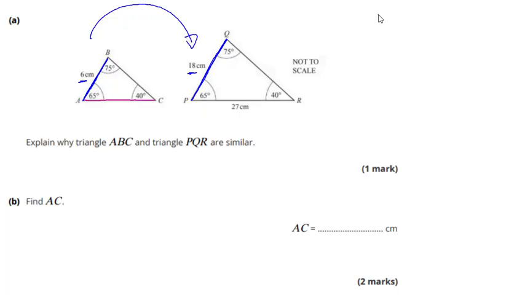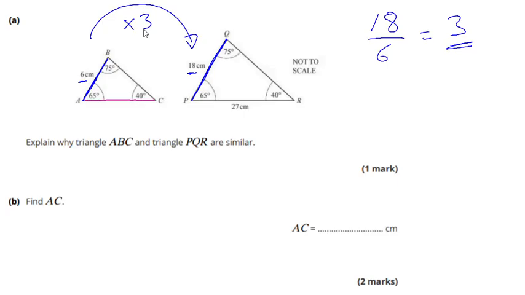Scale factor is going to be big side divided by small side, so 18 divided by 6, so the scale factor is 3. So to go from the small triangle to the big triangle, I'm multiplying by 3.